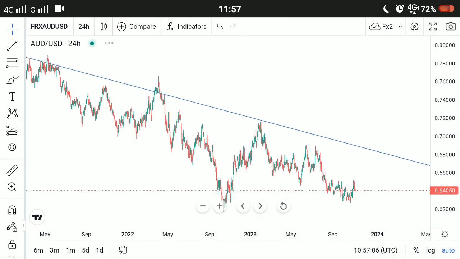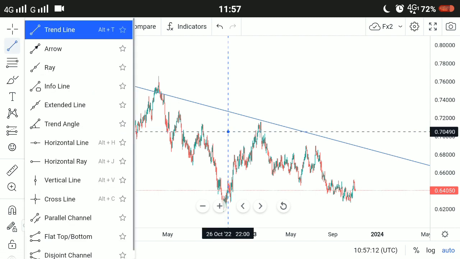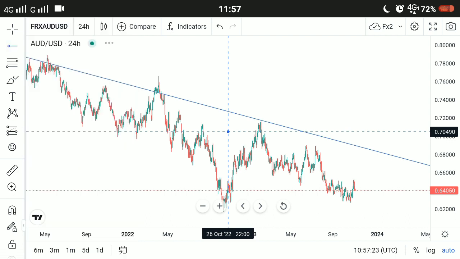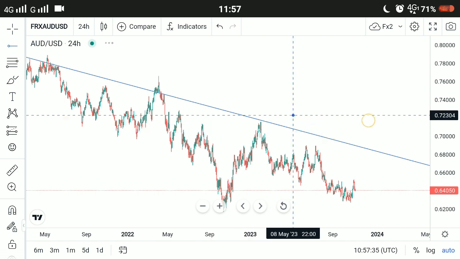Okay guys, the next thing we'll do is mark out the recent high and the recent low AUD has gotten to in 2023. From the beginning of this year, I want to know how high AUD has gone and how low AUD has gone this year.